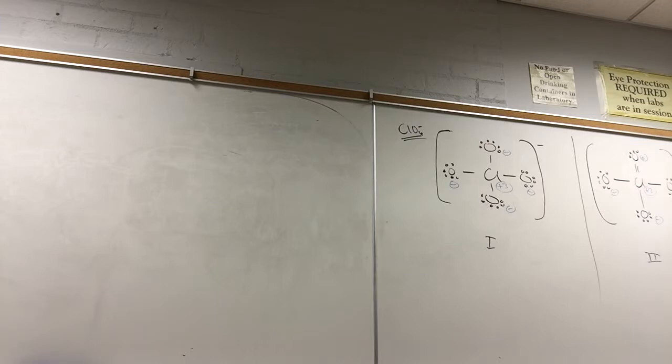I can form 2 double bonds. If I form 2 double bonds like this, then what happens to the formal charge? Well, this one's negative, these are 0, and this goes to plus.